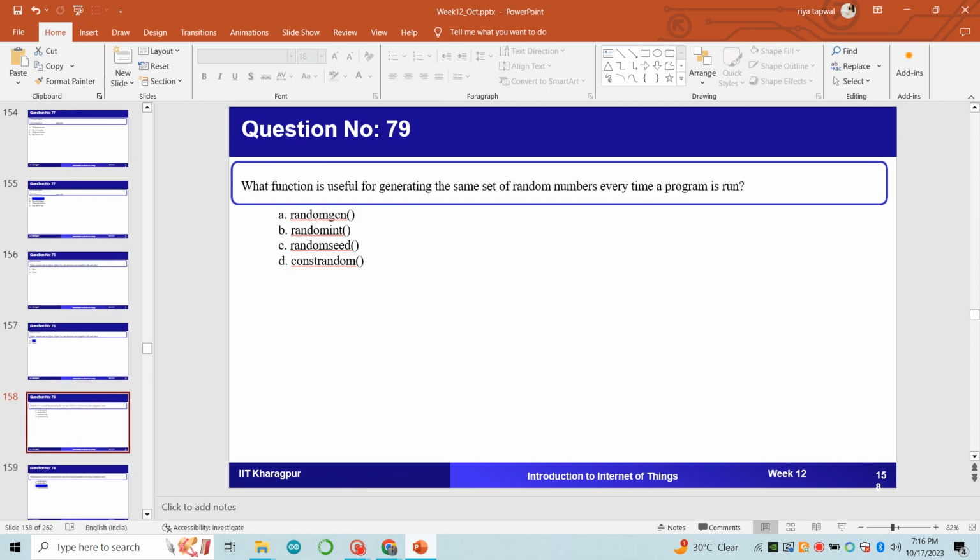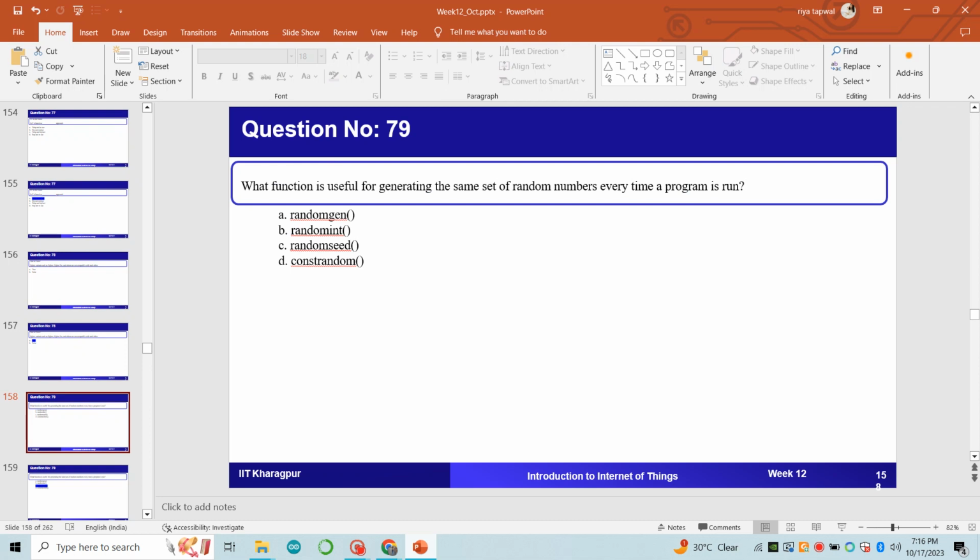Next question is what function is useful for generating the same set of random number every time a program is rerun? Options are random gen, random int, then random seed. Last one is const random. Const random.